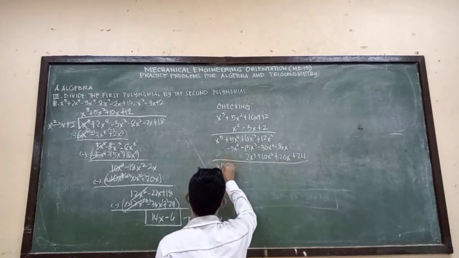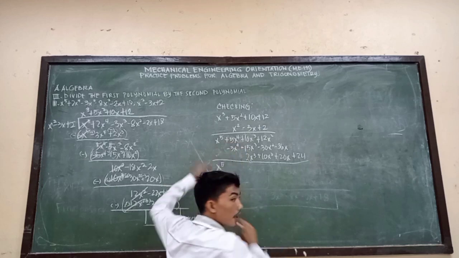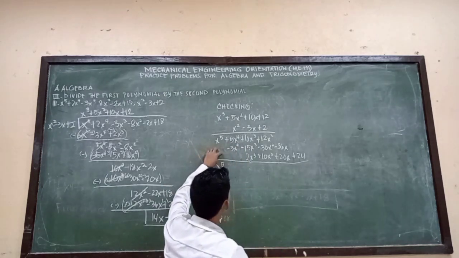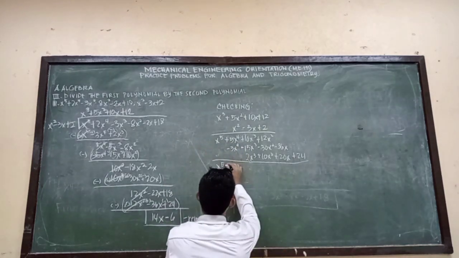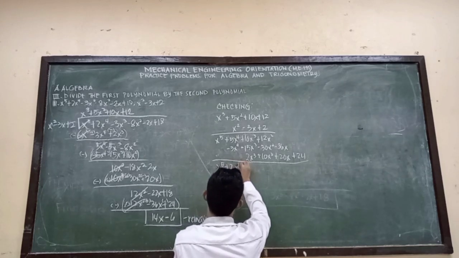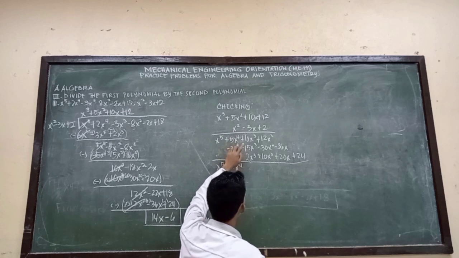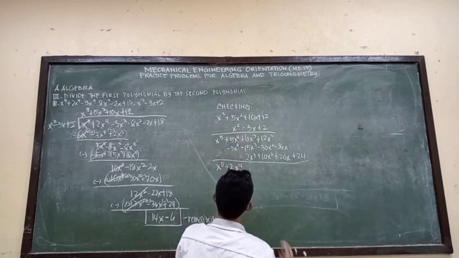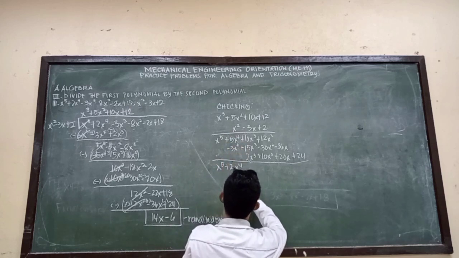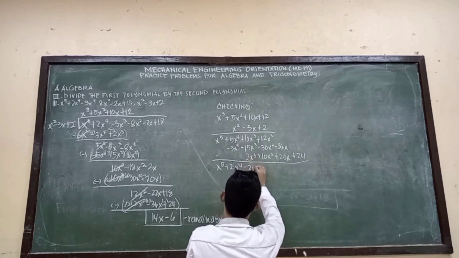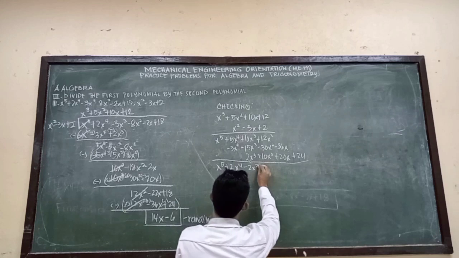Bring down x to the fifth. 5x to the fourth minus 3x to the fourth is equal to 2x to the fourth. And then 10x cubed minus 15x cubed plus 2x cubed will give us negative 3x cubed.